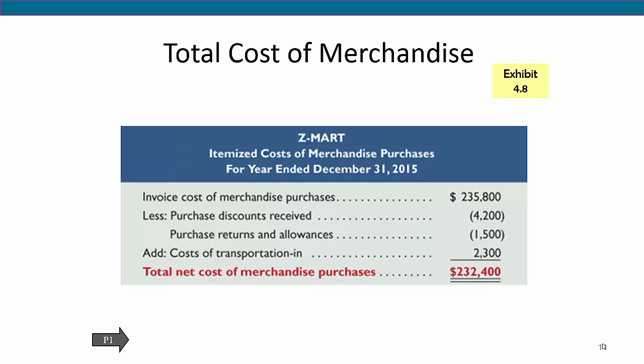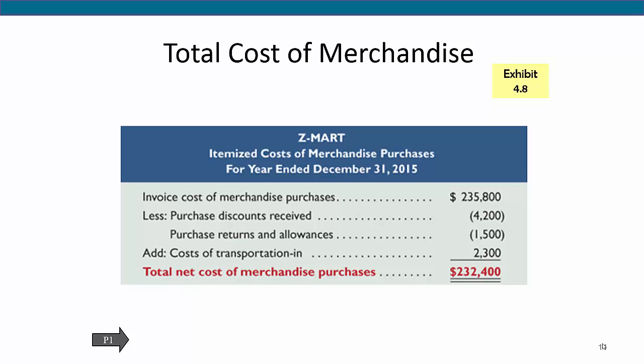On this slide, we see Zmart's itemized cost of merchandise purchases for the whole year of 2015. So in summary, purchases are recorded as debits to merchandise inventory, and any later purchase discounts, purchase returns, and allowances are credited or recorded as decreases to merchandise inventory.